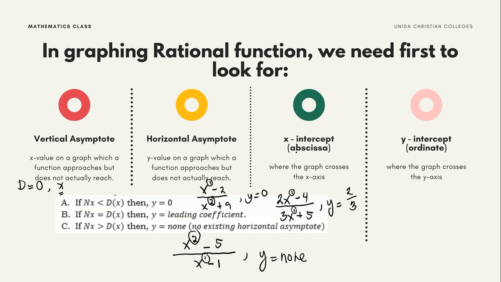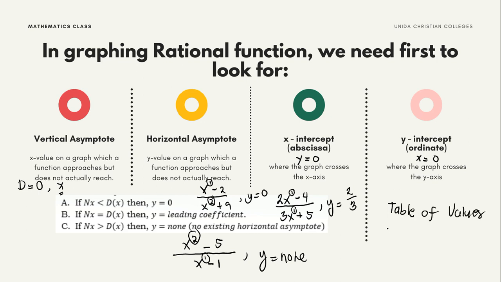Okay, next, X Intercept. Here, you will just let y will be equal to 0. And then, Y-intercept, you will let x be equal to 0. Okay, so after nating masolve si vertical asymptote, horizontal asymptote, X-intercept, Y-intercept, sunod po nating isosolve or hahanapin po natin is yung table of values.